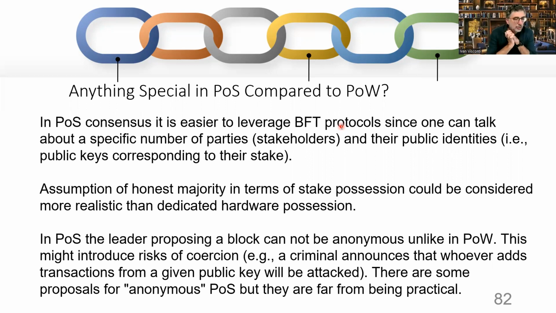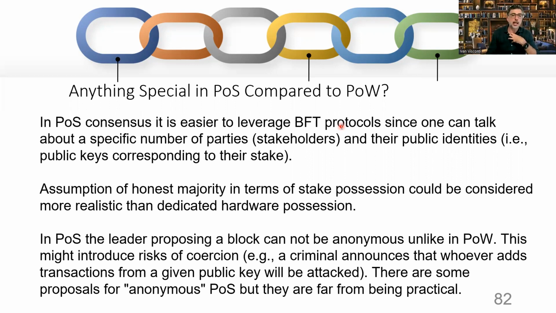Okay, so proof of stake. At some point we are going to have a leader proposing a block. Let's be careful. A leader proposing a block in a proof of stake blockchain is not as anonymous as in the proof of work setting, precisely because in the proof of work setting, everyone can decide to be a miner. Today I start, I buy hardware and I start.